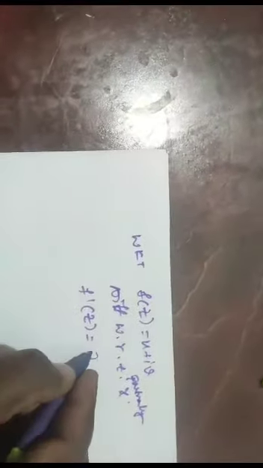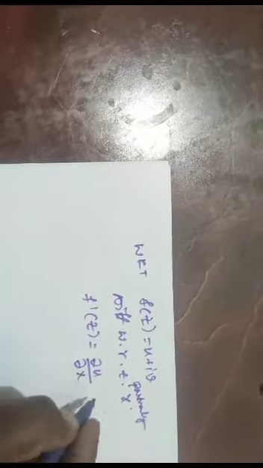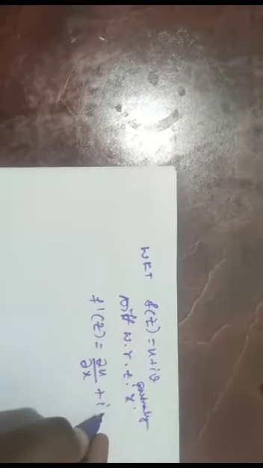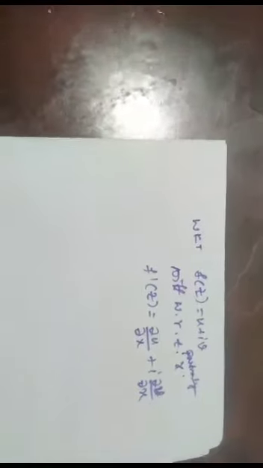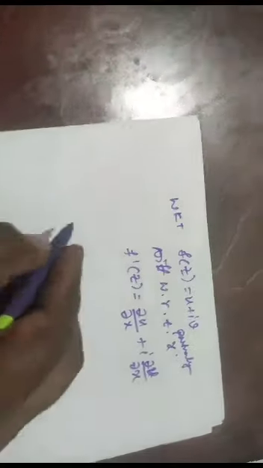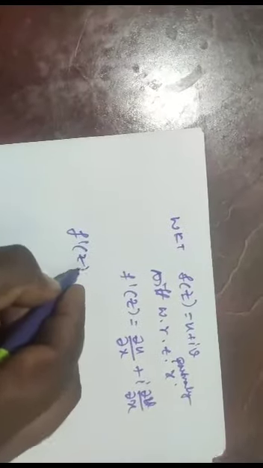F of z differentiation is f dash of z. Here u is there, differentiate partially with respect to x, so dou u by dou x, plus i dou v by dou x. Here write f dash of z as it is.